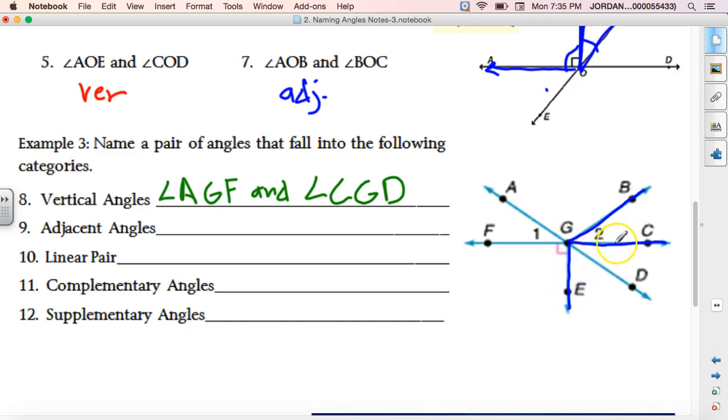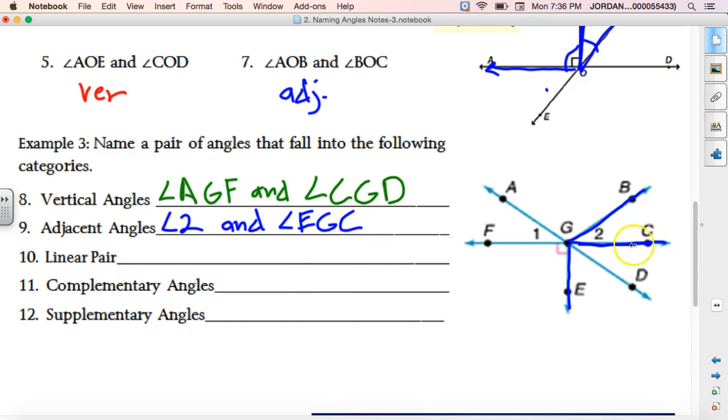Those two share this side right here. So we can call one angle BGC, could also call it angle 2. Let's just call it angle 2 this time. So we can say angle 2 and angle EGC. Alright, so there's some adjacent angles.